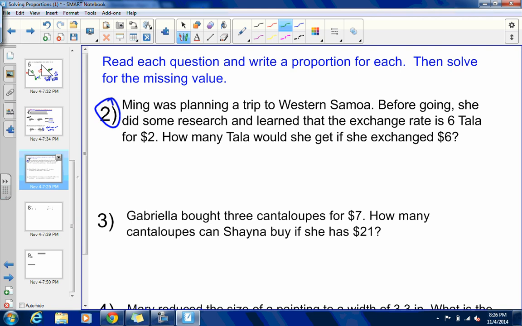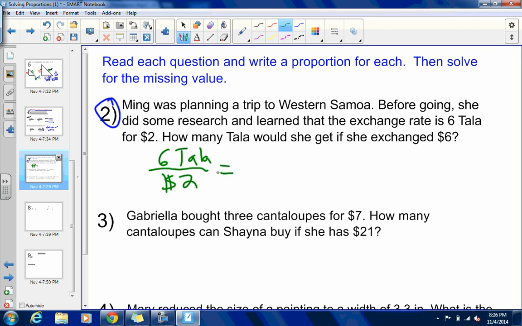We can set up a ratio right away because we know that that's a ratio. So 6 tala to $2. How many tala would she get if she exchanged $6?